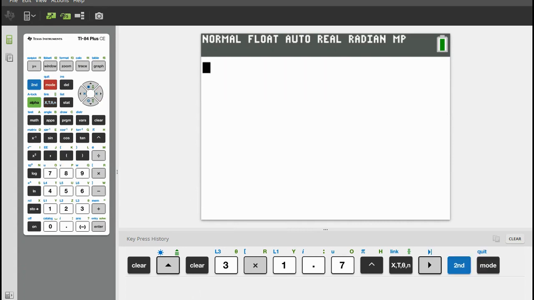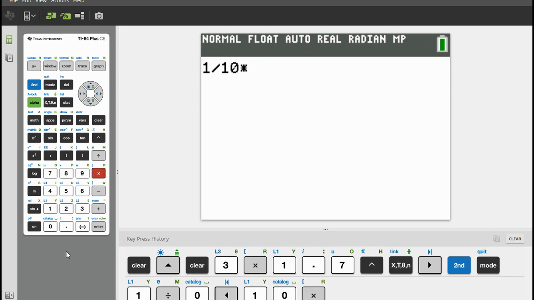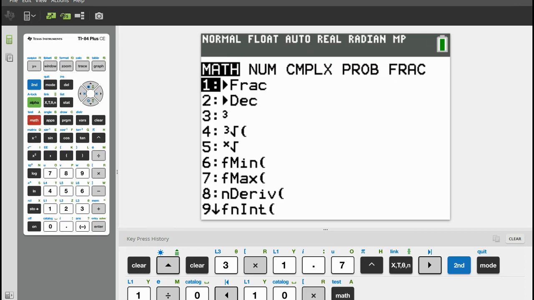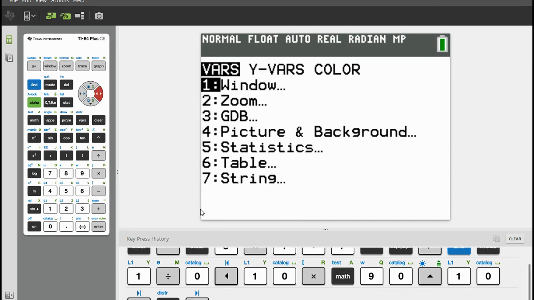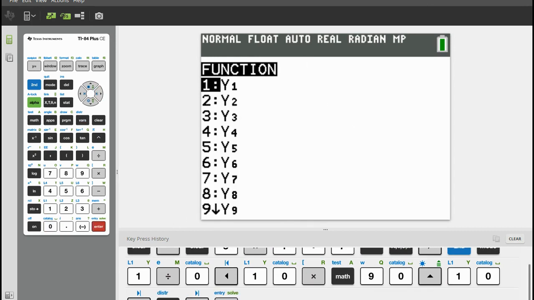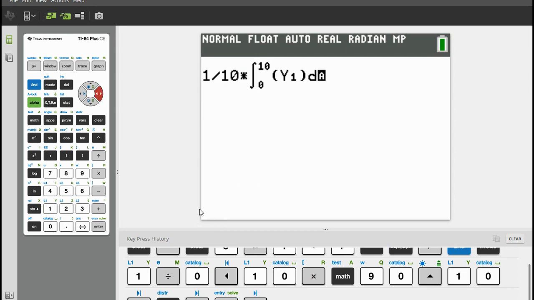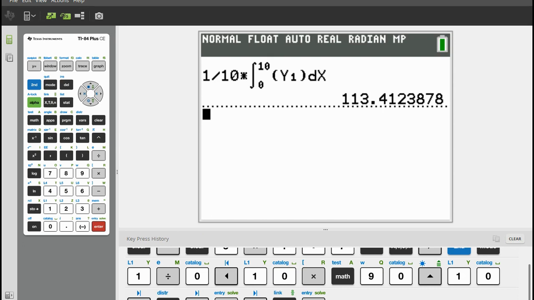So I'm going to do 1 over 10 times the integral from 0 to 10 of my function dx.